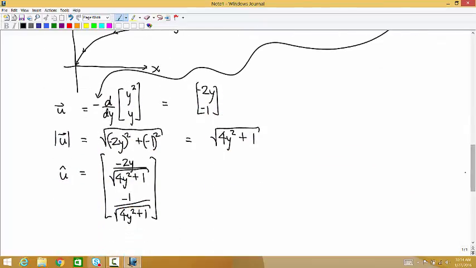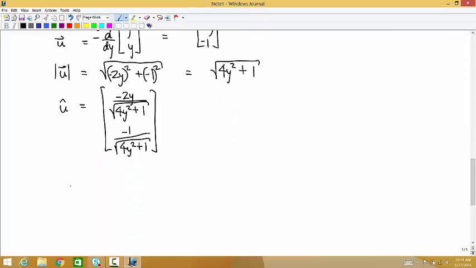So constant speed moving along this path. So the velocity vector is equal to 10 times that unit vector, which is negative 20y over that square root, and negative 10 over that square root.